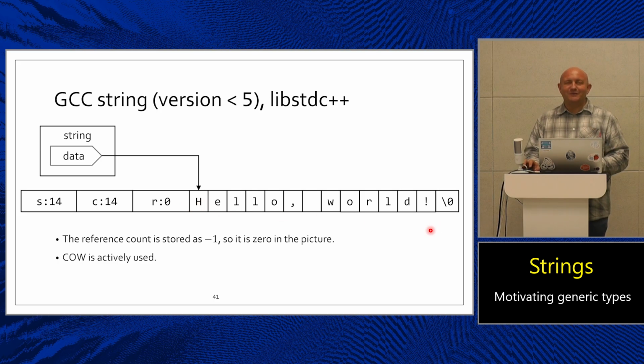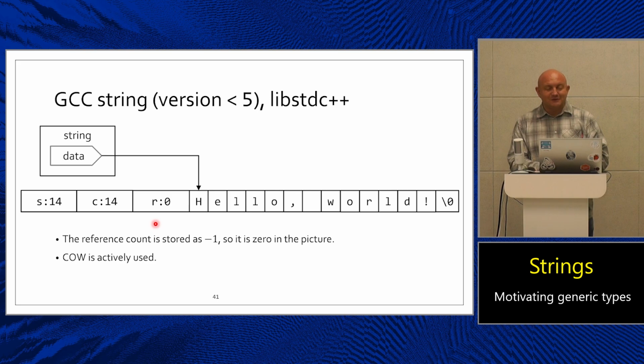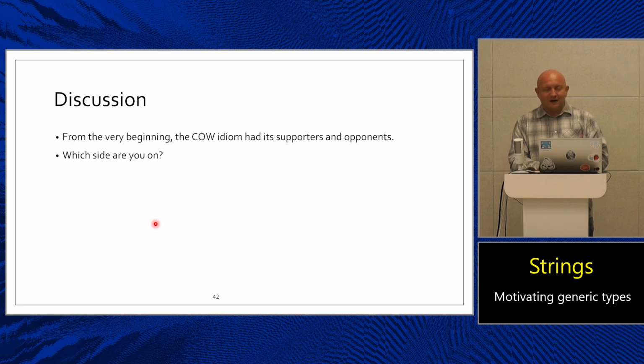And notice, by the way, how cool it is that we have a null-terminated string, and here, before the string, we are storing everything else. Cool, right? Genius solution. But from the very beginning, COW was very actively used. According to most measurements, it saved a lot of machine time and memory space.